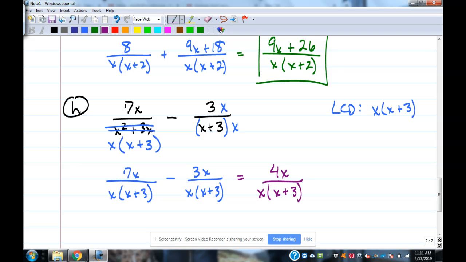Oh, can I simplify that? How? This x and this x can cancel each other out. 4 over x plus 3. Looking for that simplifying that could happen at the last step. They're always looking to simplify if possible.